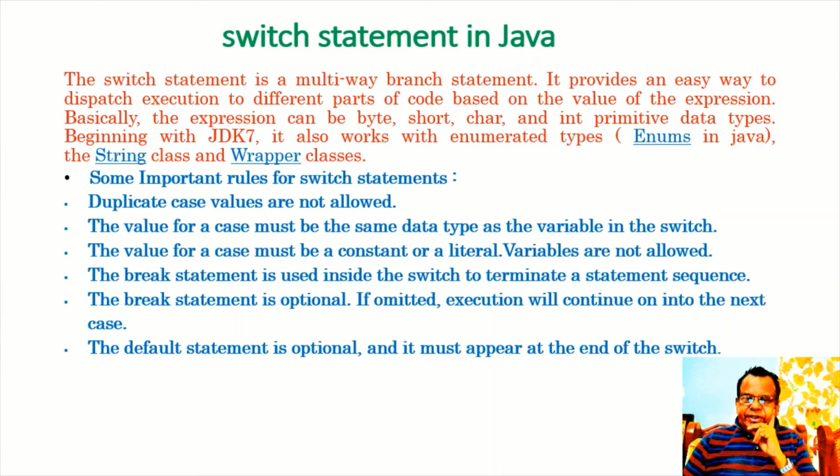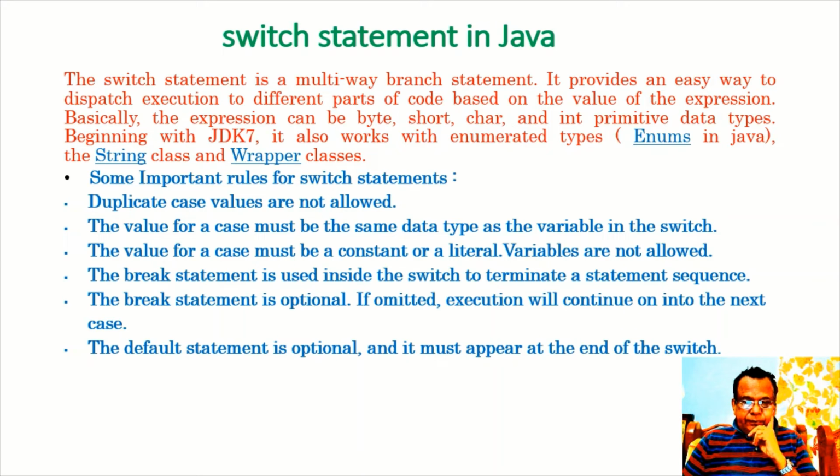Now, the switch statement in Java. You are familiar with the switch statement in other languages. We have the switch statement in Java also. The switch statement is a multi-way branch statement. It provides an easy way to dispatch execution to different parts of code based on the value of the expression.